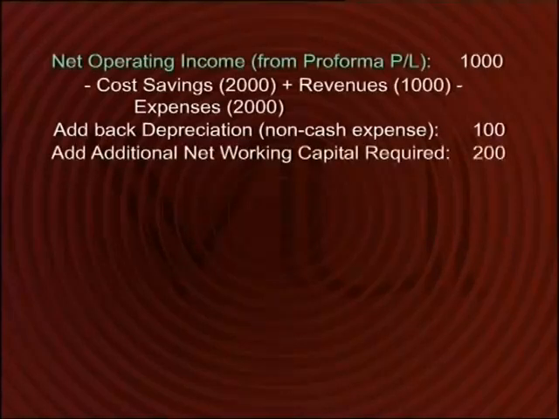Another thing that we need to add back is the expected net working capital required. And let us assume that for the new project that you're about to undertake, you will need to invest another 200 rupees in the form of working capital to get the project going.